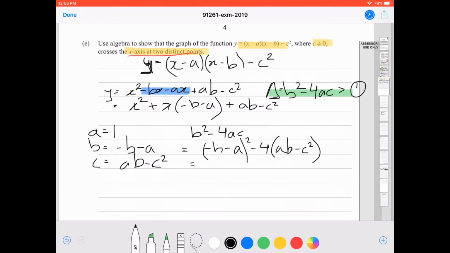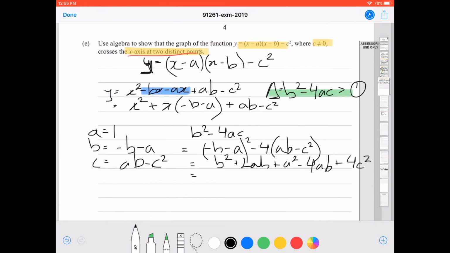Okay, so let's expand our brackets. We've got b squared, and the b term is 2ab, so I want to say positive 2ab plus a squared minus 4ab plus 4c squared.